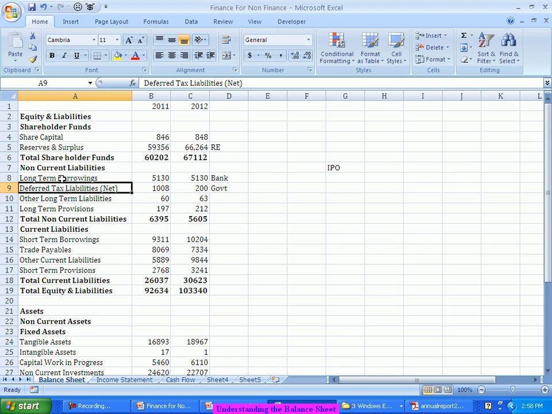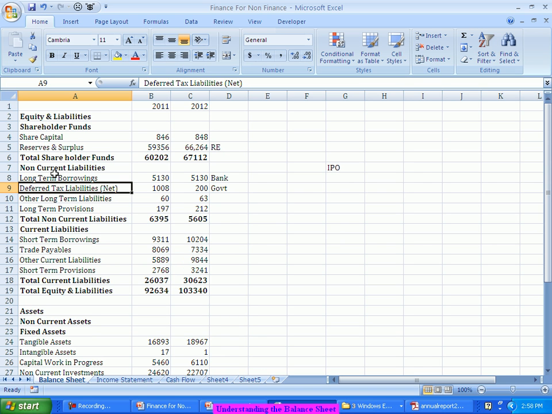Initially the allocation will be very high, and year over year that allocation will come down. Whereas in typical financial reporting, we are spreading it equally for 10 years. Profits are different, taxes are different. So there is a discrepancy in the taxes between what you are showing in your financial reporting versus tax reporting.